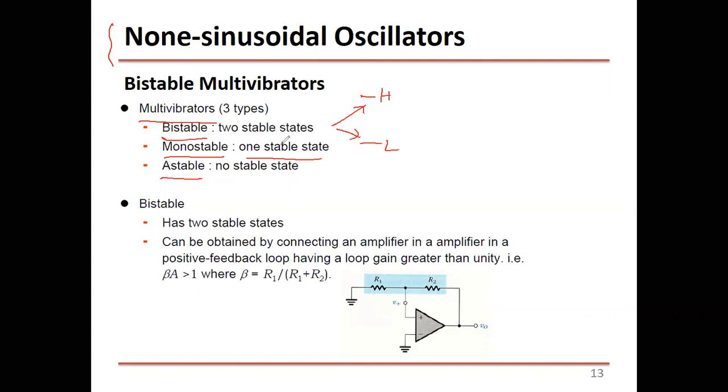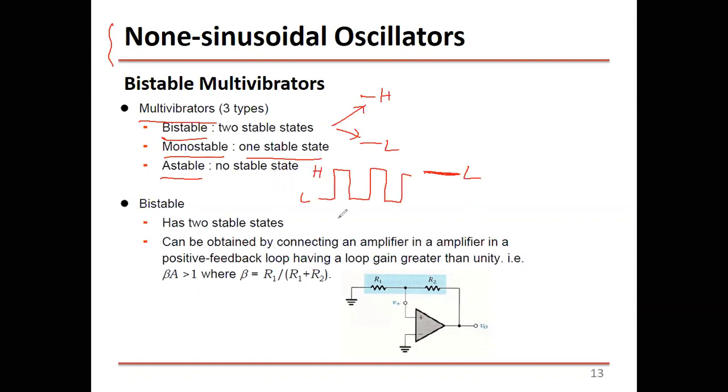So it has two stable states, and this one has only one stable state, which is, let's say, the low. But sometimes you can move it to the high state for a short period of time, and then it will come back by itself to the low state. So it loves to stay in the low state all the time. This is why we call it monostable. The astable is a device that will generate output that will swing forever between the low state and the high state.